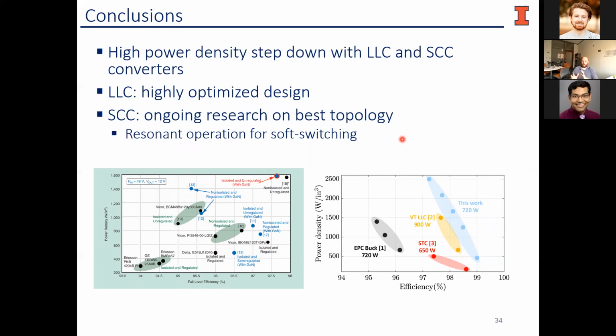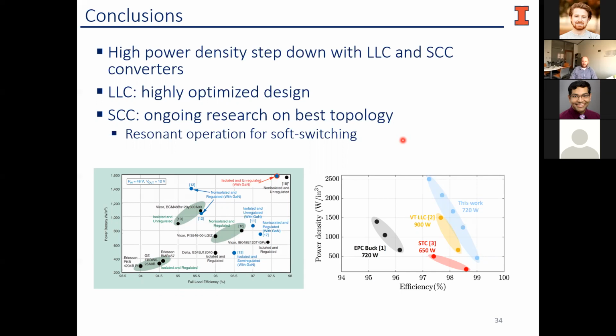We saw two pretty different designs, and there's still some argument on which one of those is better. And maybe even those two solutions aren't actually the best switch capacitor topology for this type of application. And so we'll likely continue to see more work there, and we might see more evolutionary leaps as opposed to the constant iteration that we saw on the LLC design.